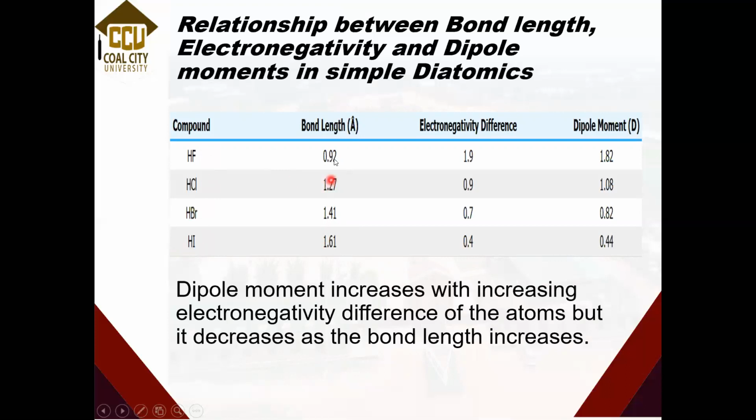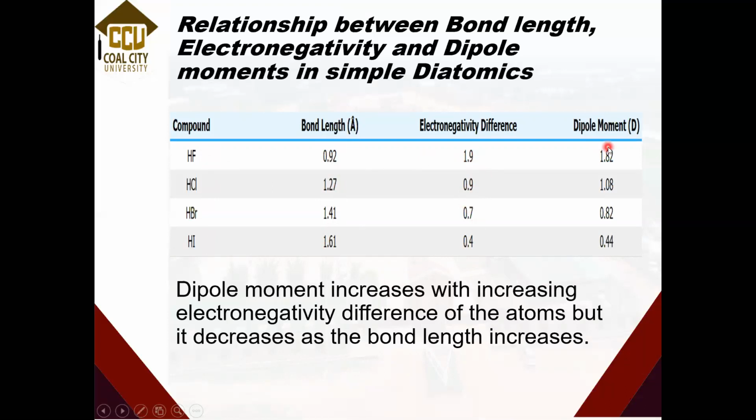And as the bond length is increasing, what's happening to the electronegativity difference? It is decreasing. You can see the electronegativity difference of hydrogen fluoride is the highest. As the bond length increases, the dipole moment is decreasing.